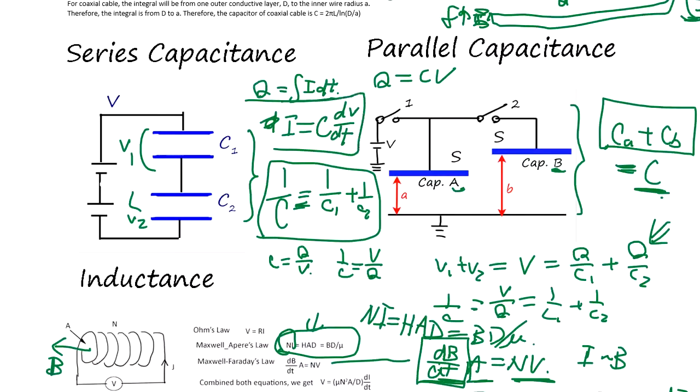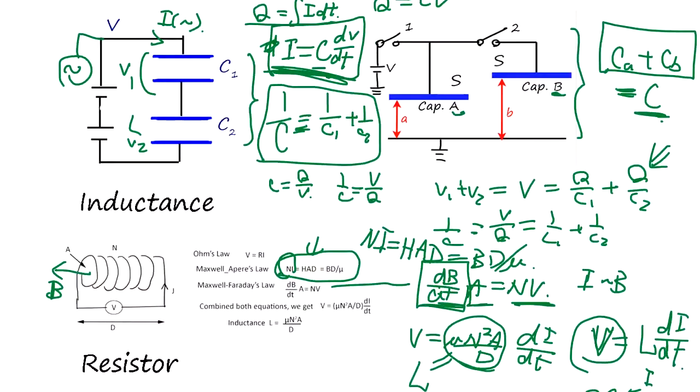Okay, so whatever the voltage, alternating voltage you apply here to the capacitance, take the time derivative and multiply by C, it's going to be the alternating current I. So you see here, it's an opposite relationship. Capacitor: I equals C dV/dt. Inductance: V equals L di/dt.